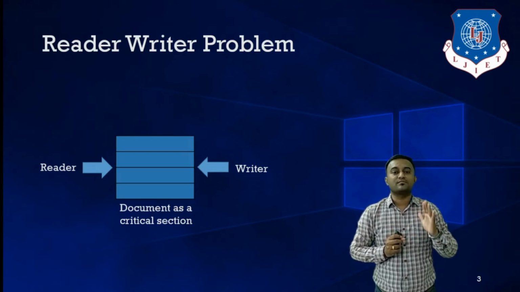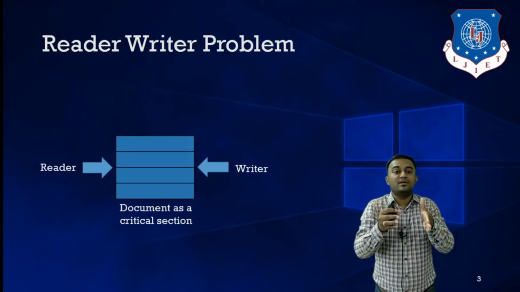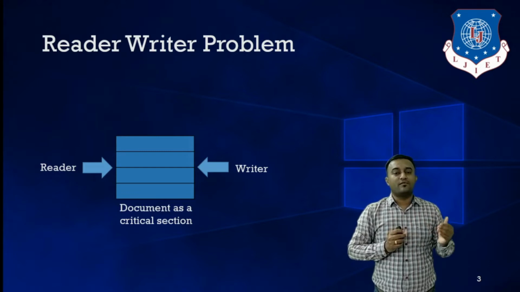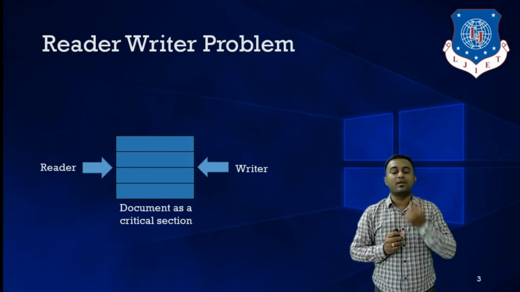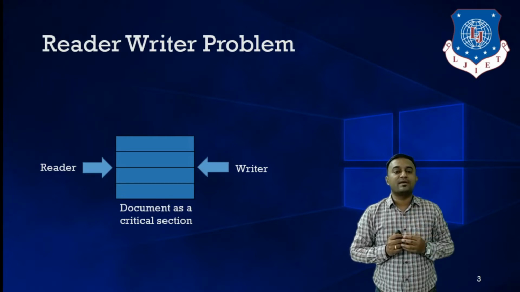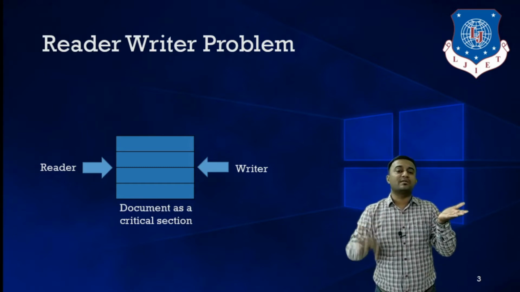Let us discuss the write operation. If two write processes, or two write operations, are performed simultaneously on the same document, again it will lead to inconsistency. Suppose we have a variable a, and the value of a is initialized to 10, and one process is trying to increment the value of a, while at the same time another process is trying to decrement the value of a.